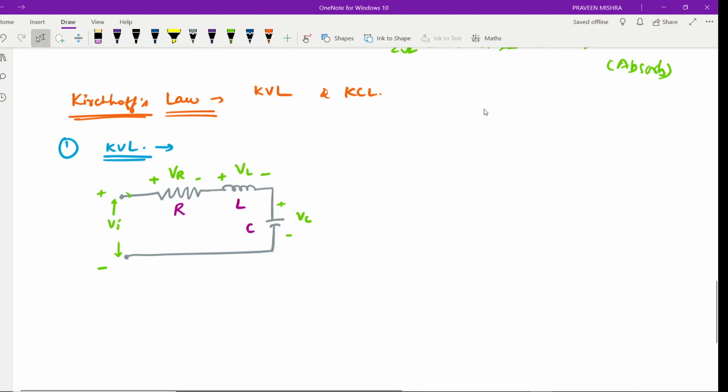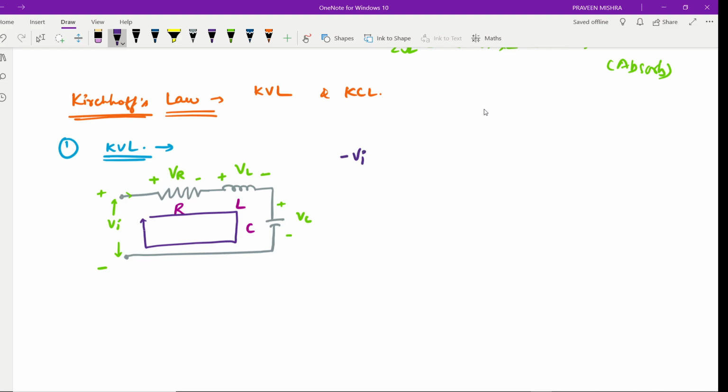If we apply KVL in this direction on the loop, first we get minus Vi.